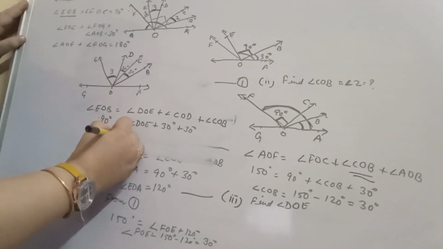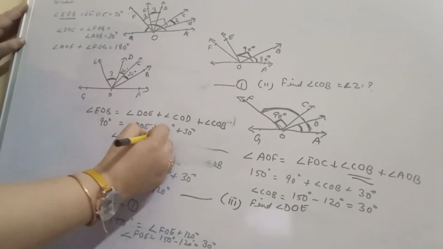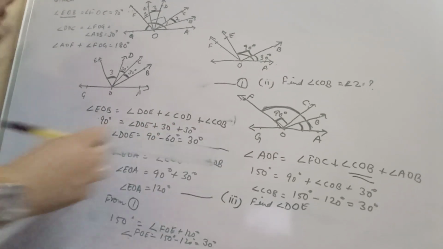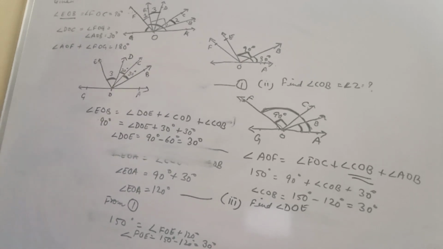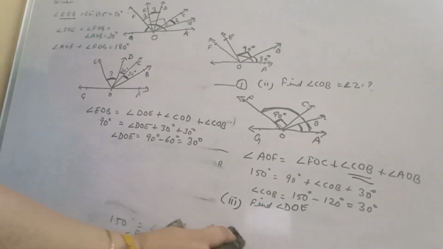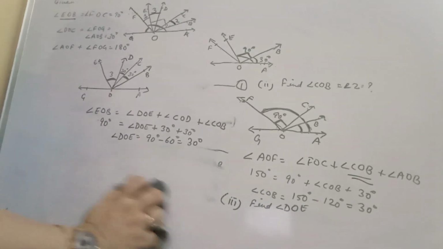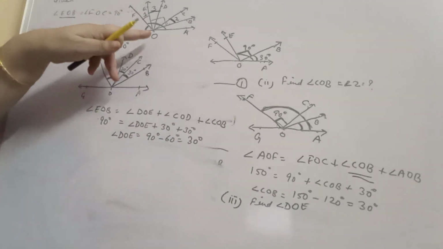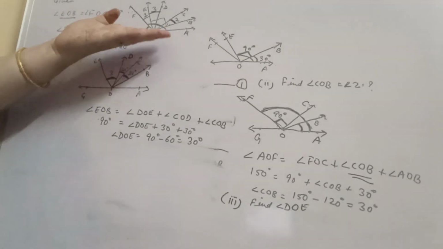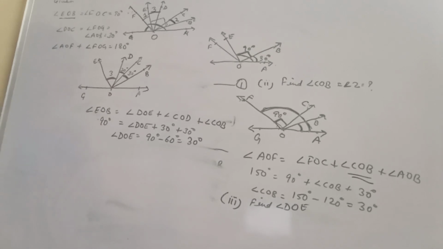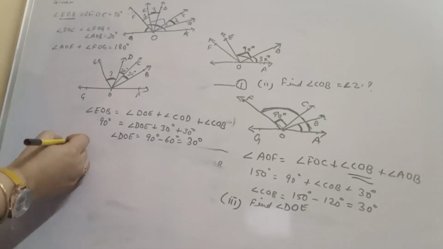So angle DOE will become 90 minus 60, that is 30 degree. So this is how you have to find angles from multiple figures. Now the figures may be easier, or it can be this much tough to recognize the angles. So by practicing different questions you can do it.